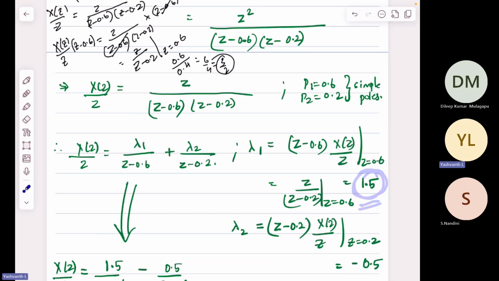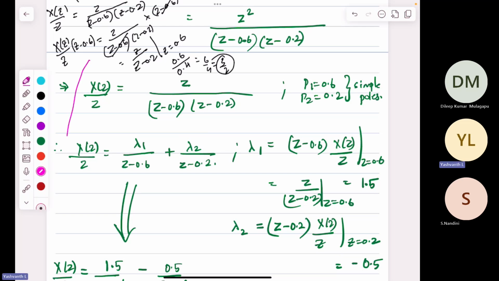Okay. Similarly, if I want to find lambda 2, what do I do? I take X(z)/z multiplied by (z - 0.2), and then evaluate the resultant at z equal to 0.2. So for lambda 2, I get z / ((z - 0.6)(z - 0.2)) times (z - 0.2).